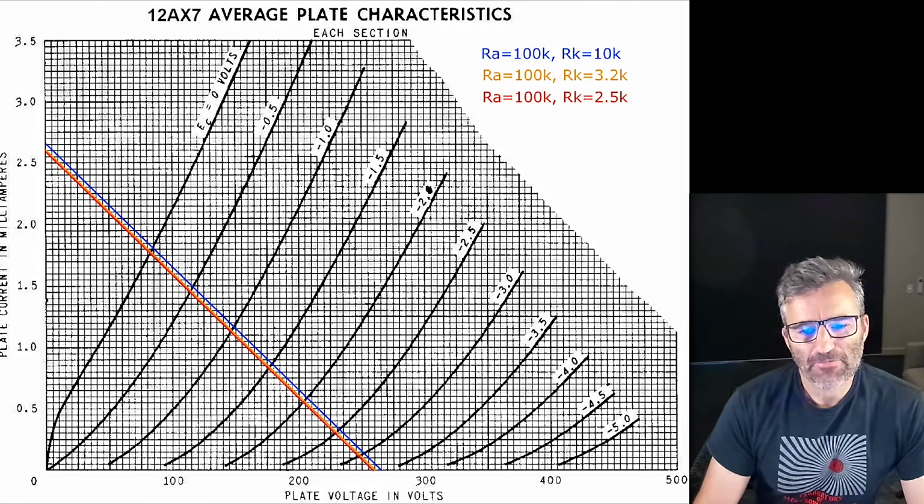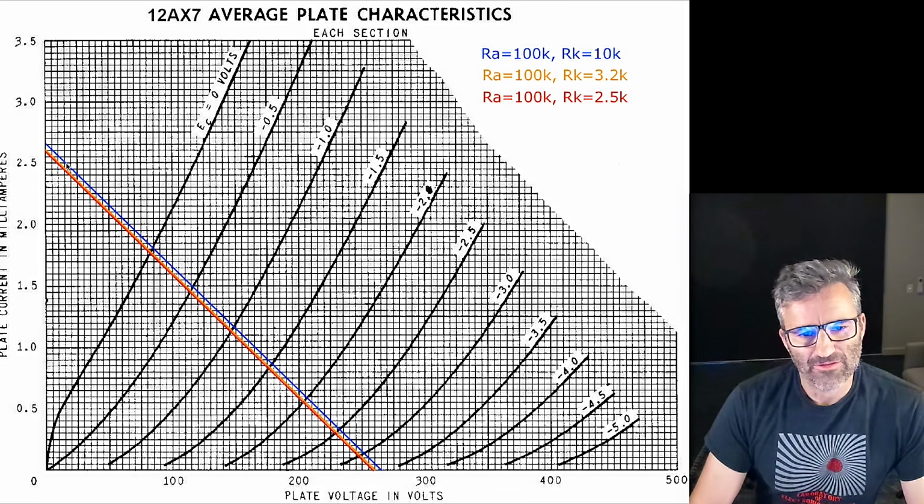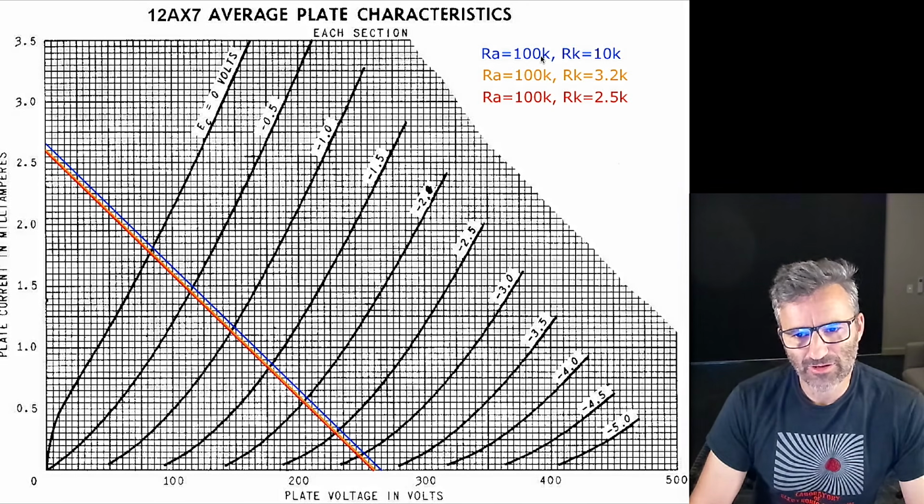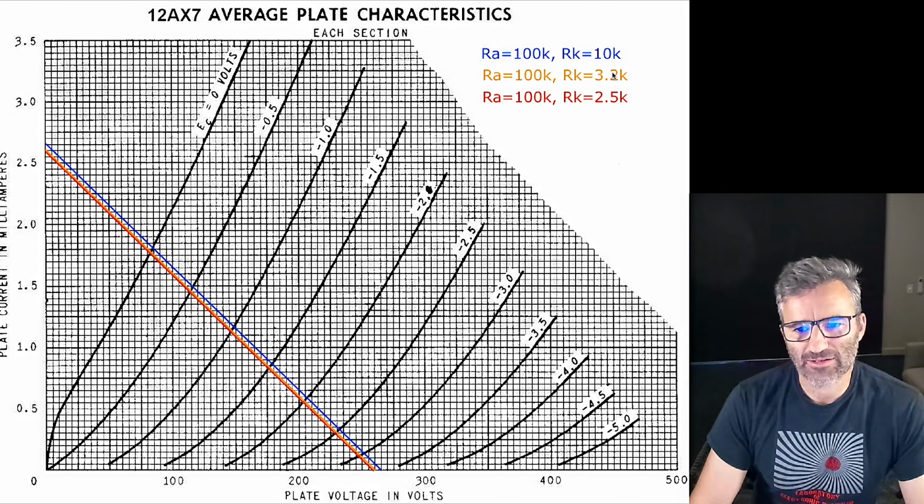That video will explain how I drew these, but these are the three load lines that we've got for our second gain stage. It's got a 100k plate resistor, or anode resistor, and then we've got the 10k, 3.2 and 2.5.